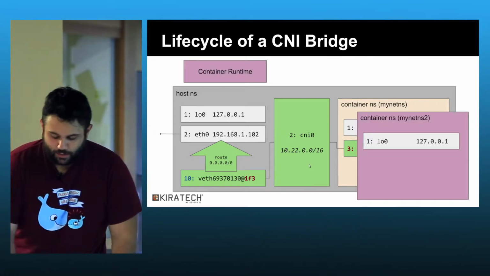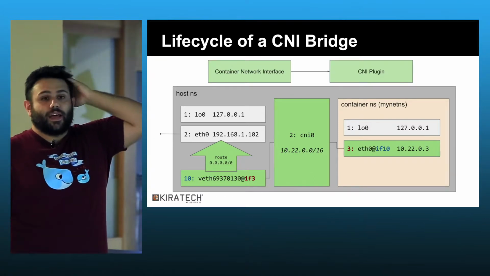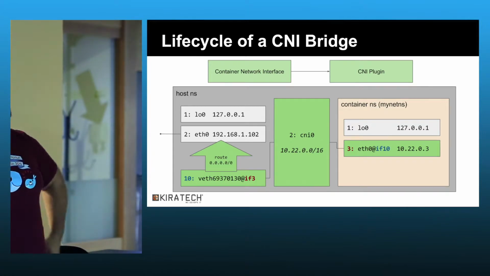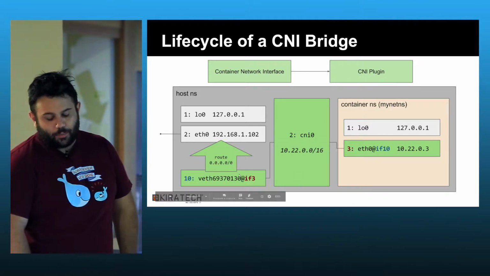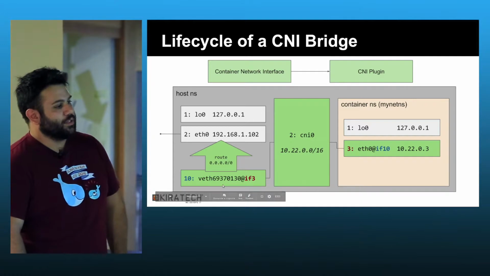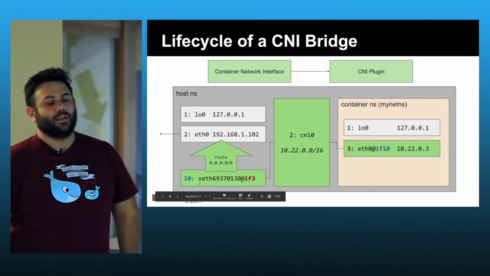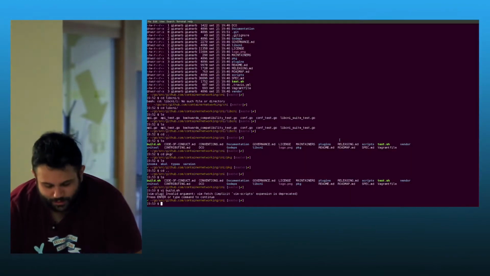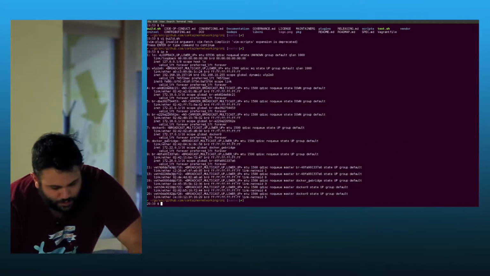It creates the actual bridge, cni0. This is the bridge implementation, which has its own IP class, and it creates the pair on the host. This is the network interface on the host, which, as you can see, is like the output of the ip command. It's the same thing as this.